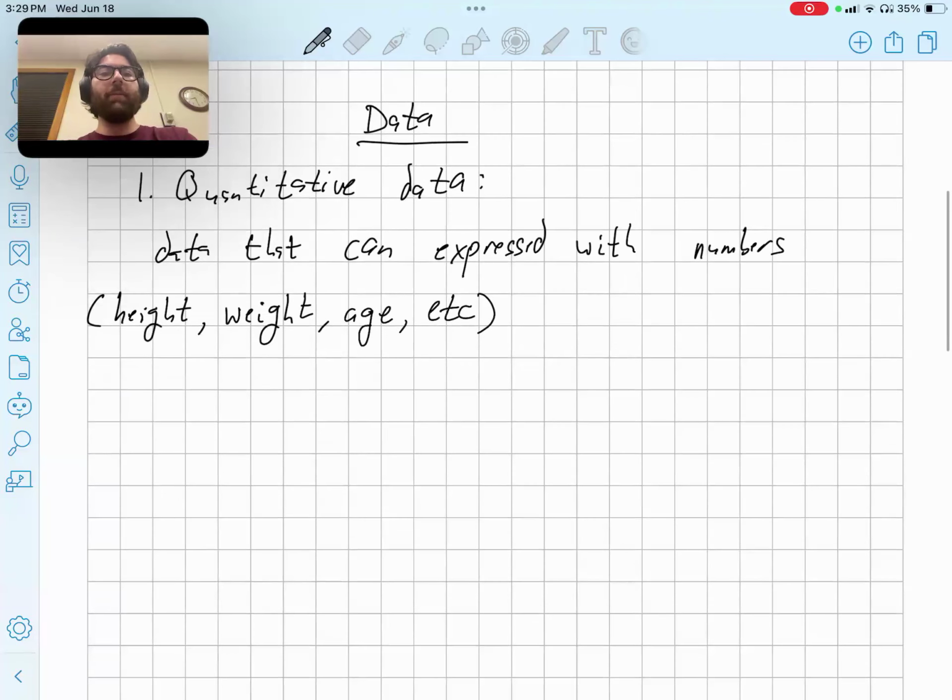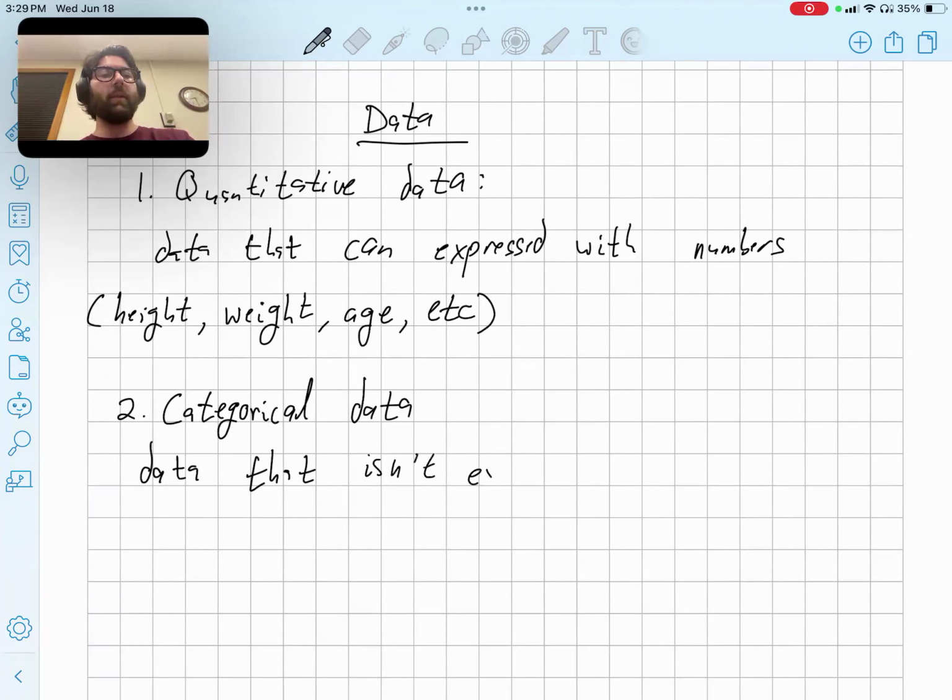The other flavor is categorical data. So this is data that isn't expressed with numbers.